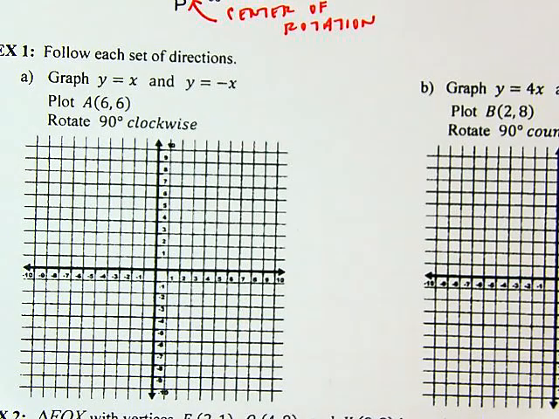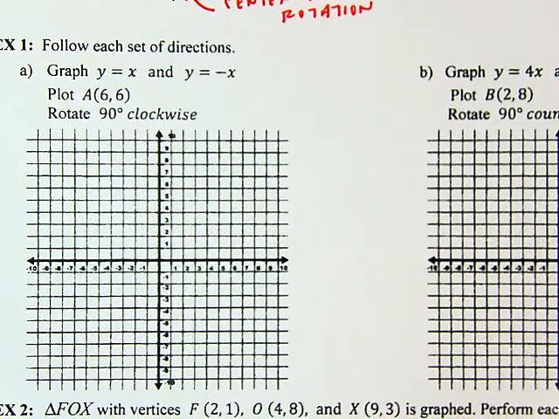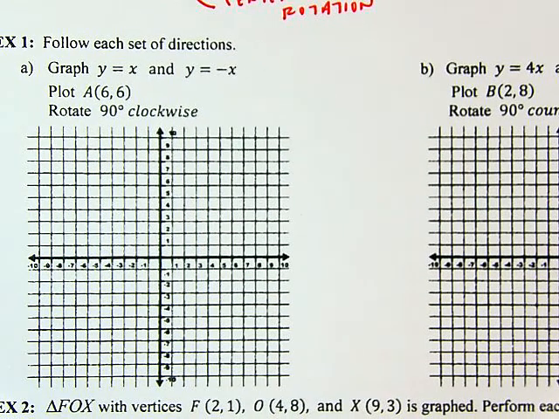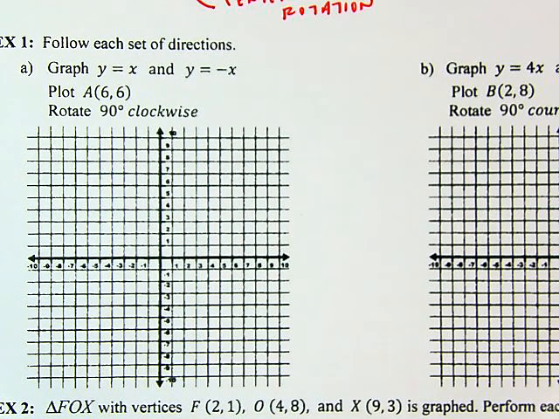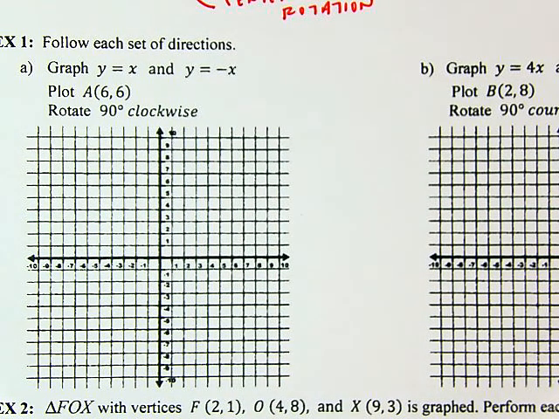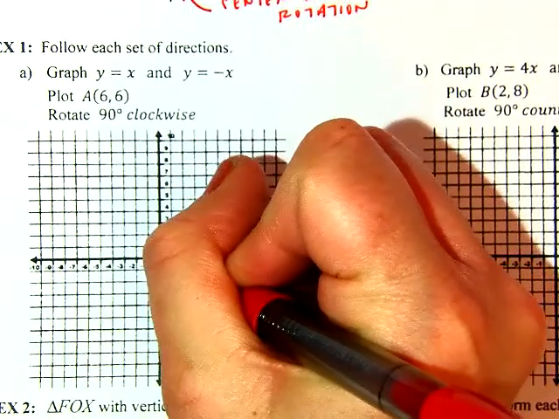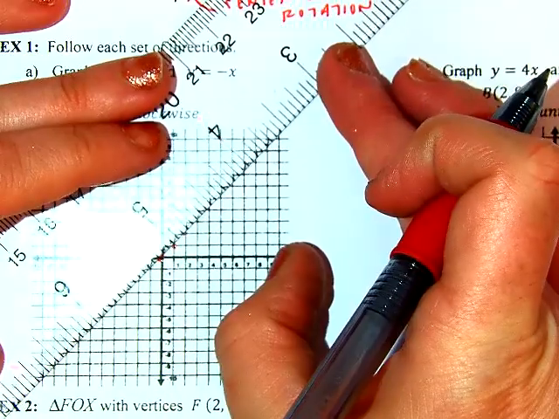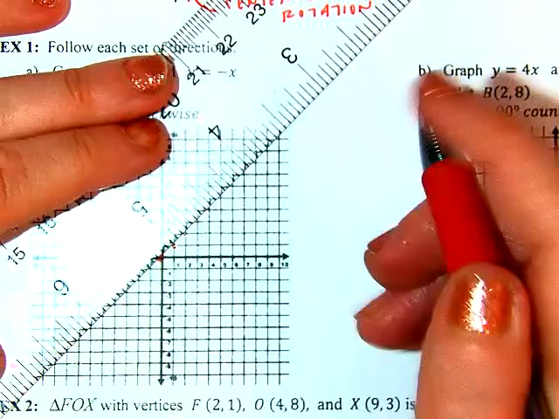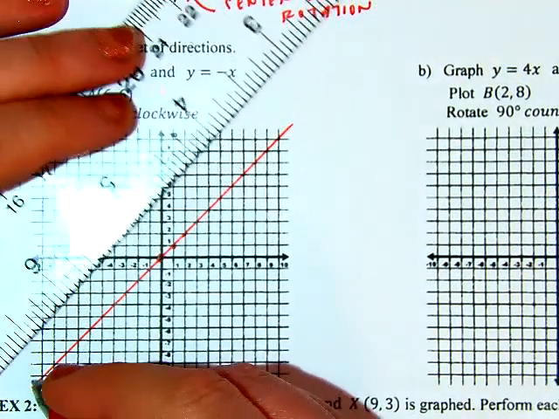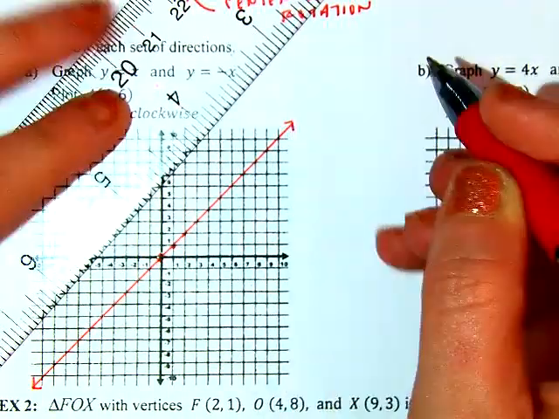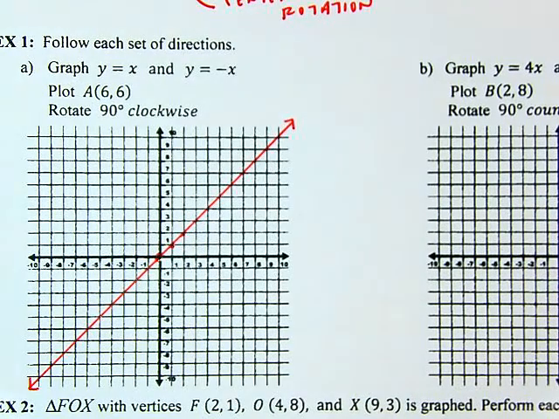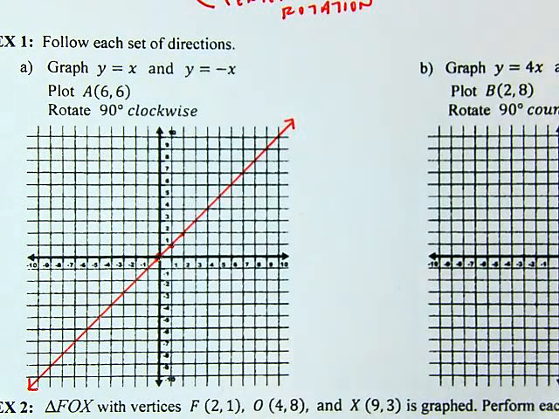What's nice about those two is that we can see they are perpendicular to each other because their slopes are opposite reciprocals. So let me graph y equals x. I start at the origin, my slope is 1. Connect the dots, draw in that pathway. For y equals negative x, my slope is negative 1.